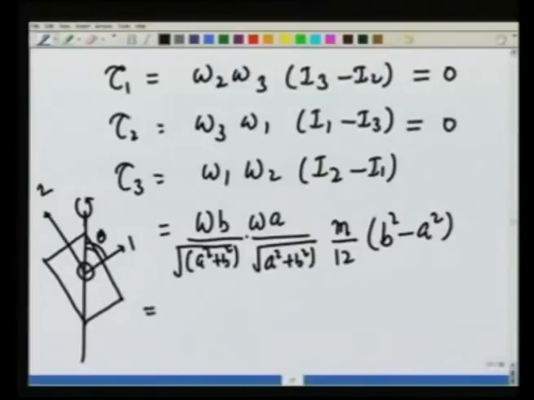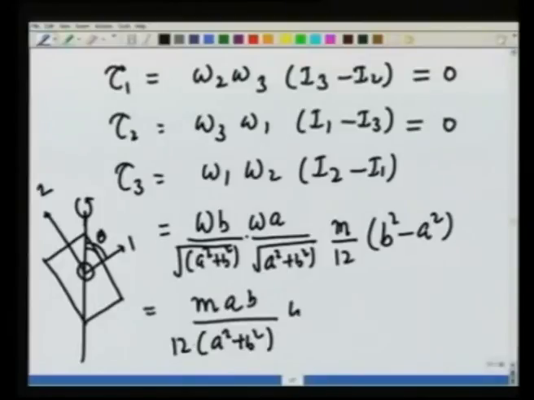So, this gives me the same answer, m a b over a square plus b square, 12 omega square, b square minus a square.